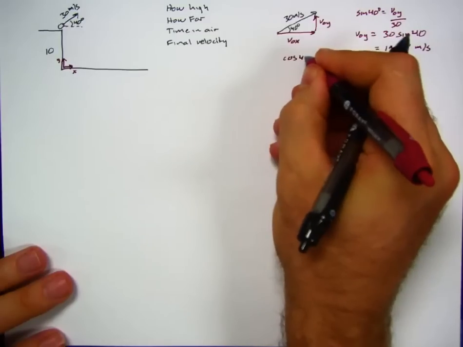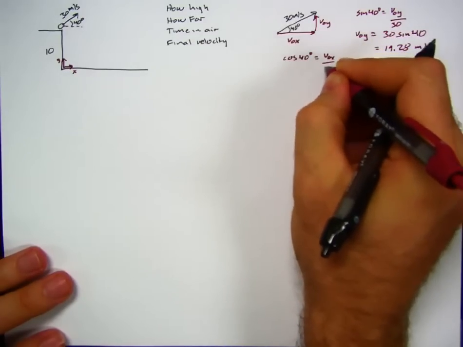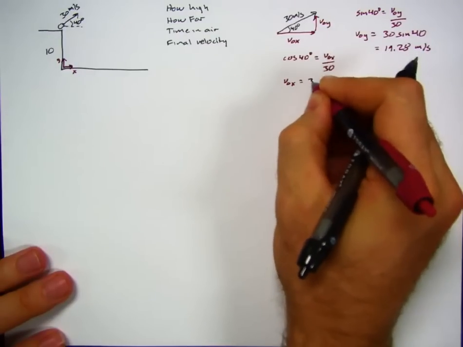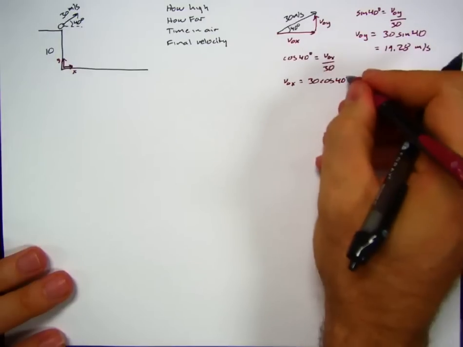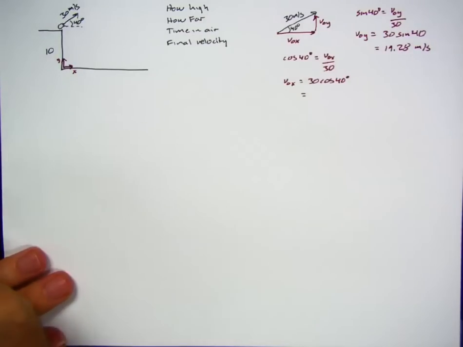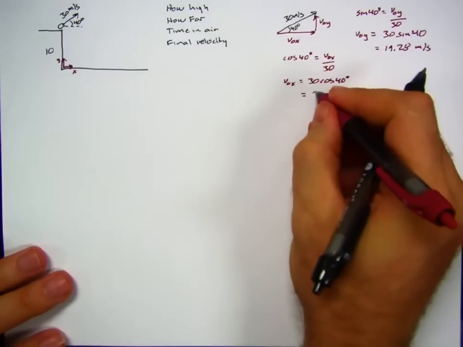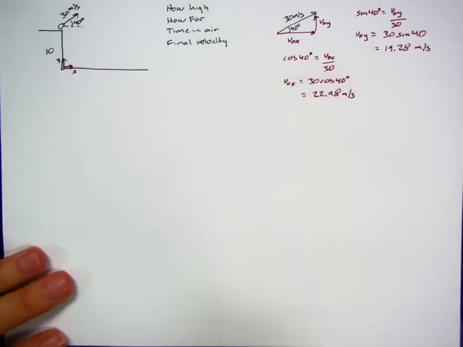Cosine of 40 degrees is equal to adjacent, v0x over 30, so v0x is equal to 30 cosine 40, which in my calculator is equal to 22.98 meters per second.